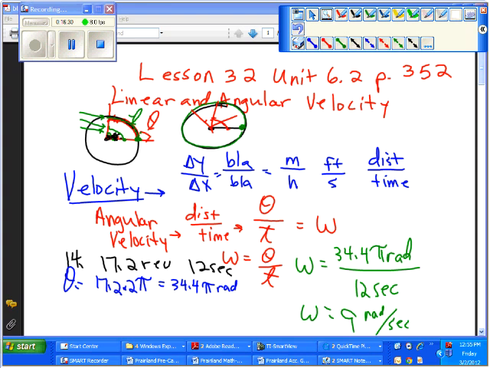You understand that? How fast are we creating this angle? Not how fast is this object traveling out there. How fast the object is traveling out there is linear velocity. How fast the angle is being created is angular velocity. All right, everybody understand angular velocity?